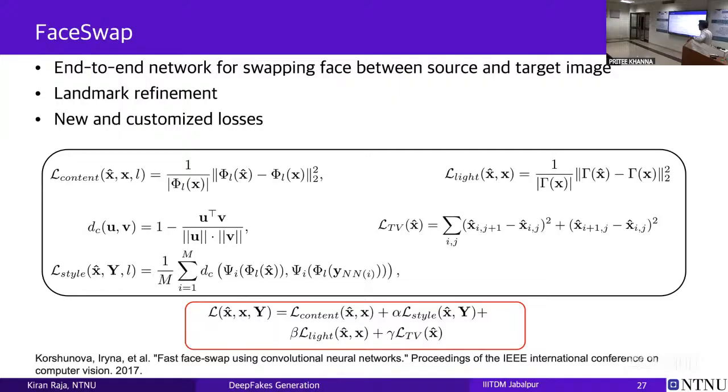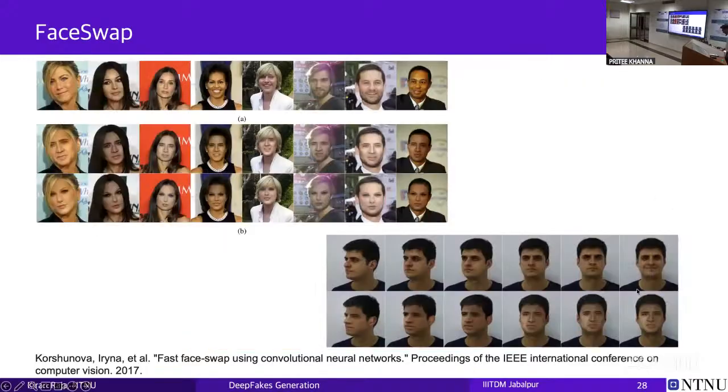Okay, so this kind of helped in achieving better results than the previous one when it comes to the face swap, and this led to the second work, or similar work, here. Now you can see the results, how drastically they improved from the previous generation of deepfakes.